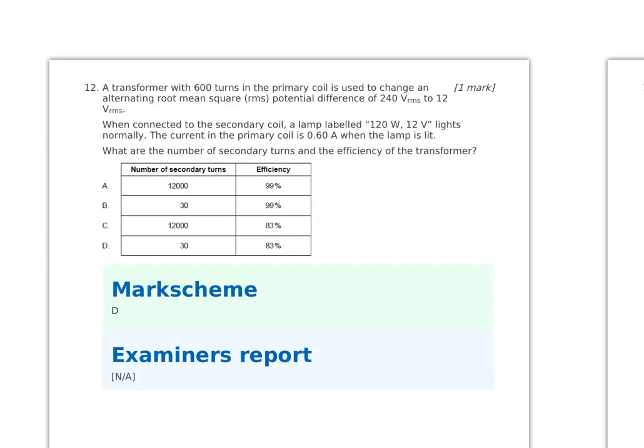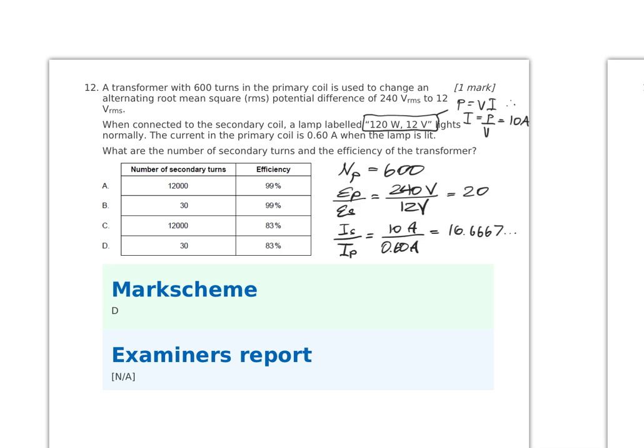Okay, number 12, transformer, 600 turns in the primary coil, so we have N primary is 600, and used to change an alternating root mean square potential difference of 240 volts RMS to 12 volts RMS. It gives us the number of turns in the transformer.